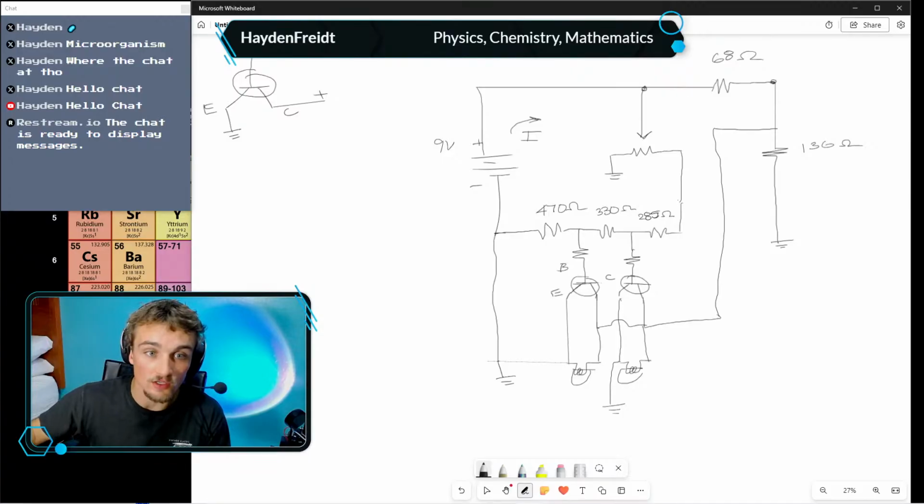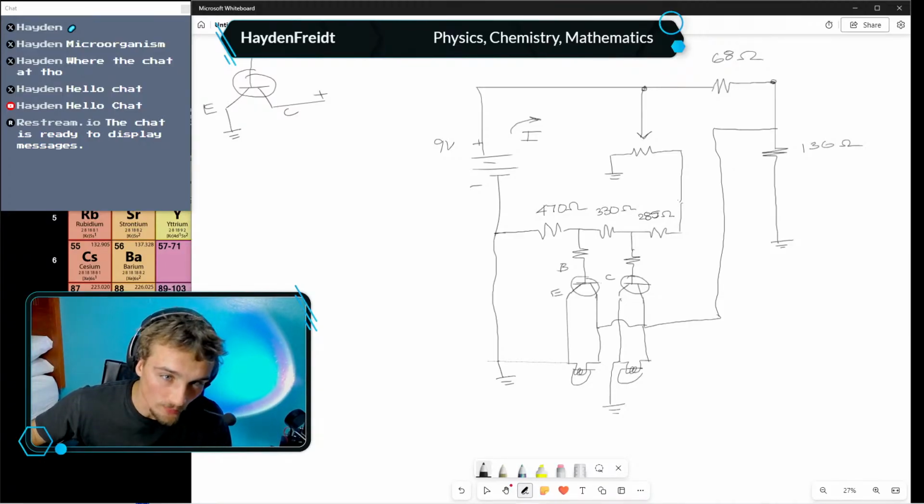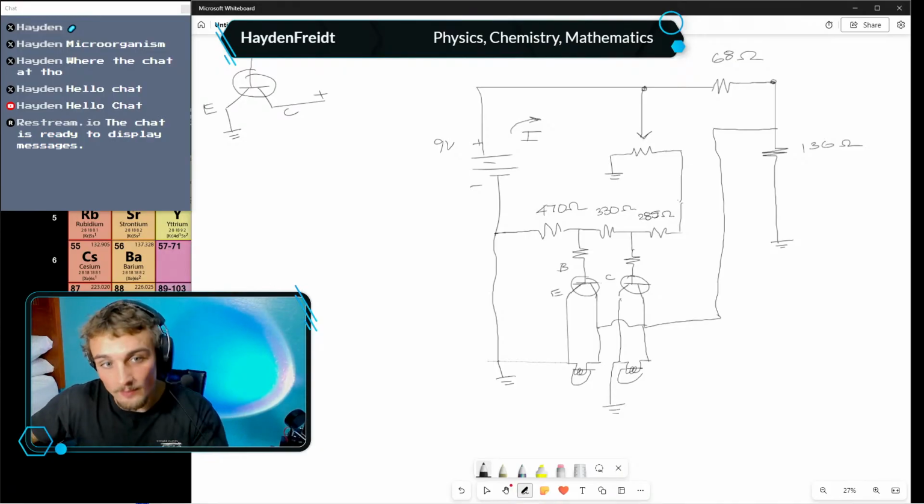We'll look at how the current splits at junctions and how the voltage is shared, how the voltage remains constant in every loop. I will explain what that means tomorrow.